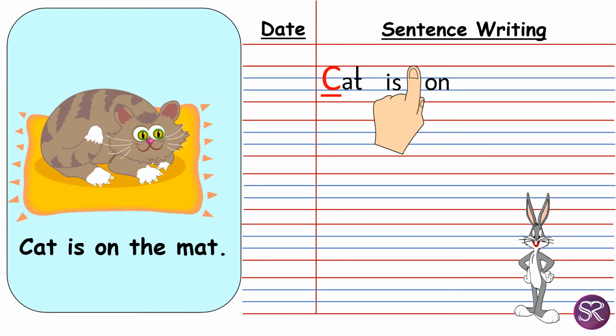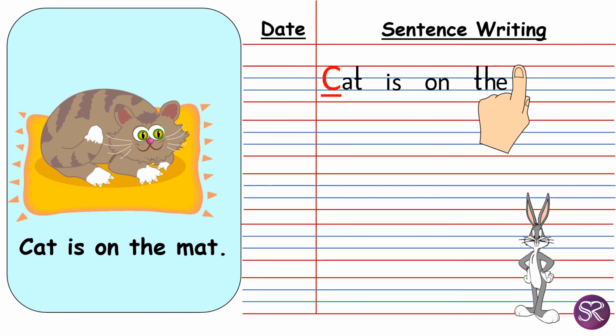O-N. On. Then I will remove my pointer finger and move next to on. I will keep my pointer finger next to on to leave one finger space between the words. Then I will write the. T-H-E. The. Then I will remove my pointer finger and keep next to the.